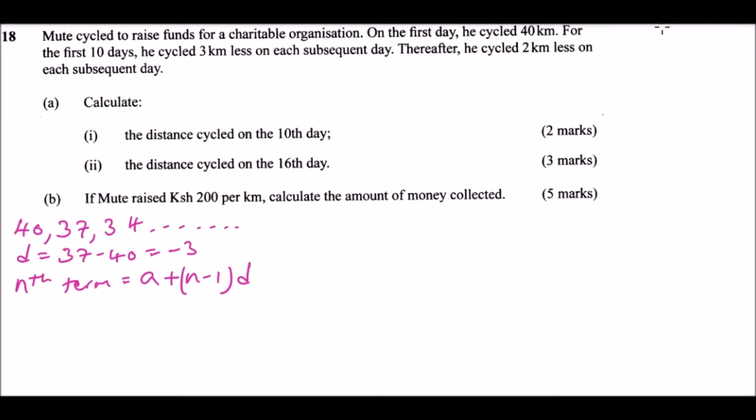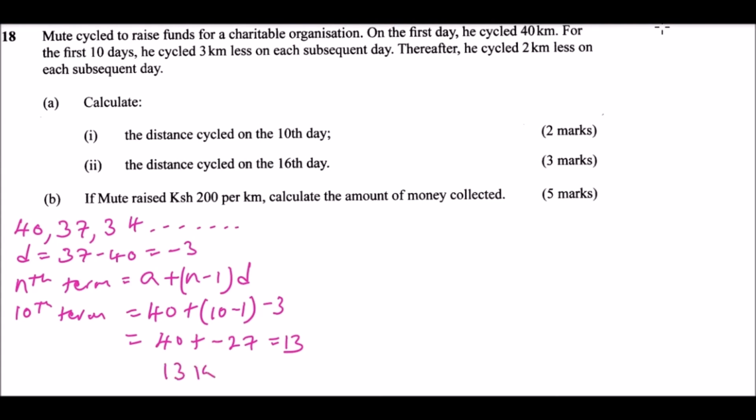Because we are looking for the 10th term, it is equal to the first term 40, plus 10 minus 1 multiplied by minus 3. So this is 40 plus 9 times minus 3, that will be minus 27, and we get 13. So on the 10th day, he cycled 13 kilometers.